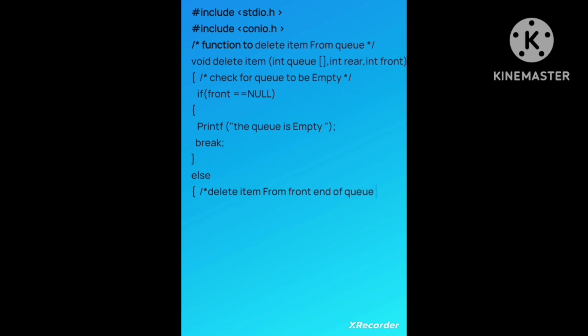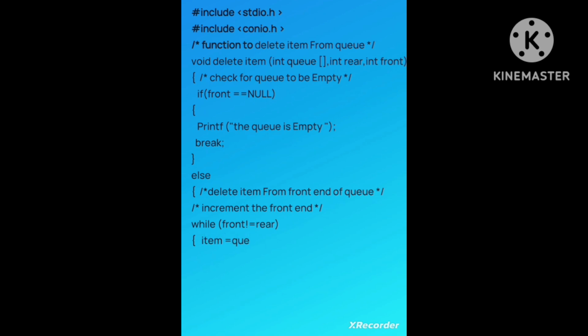Here we delete the elements from the front end of the queue by incrementing the front by 1 each time we delete an item from the queue. For that we use a while loop, because we want to empty the queue. We check the condition that front is not equal to rear, because the rear is the last element in the queue that is to be deleted.